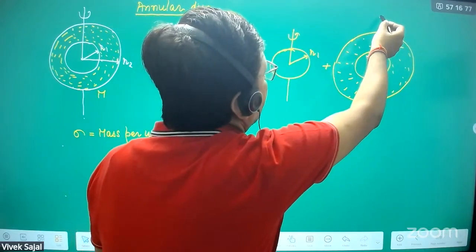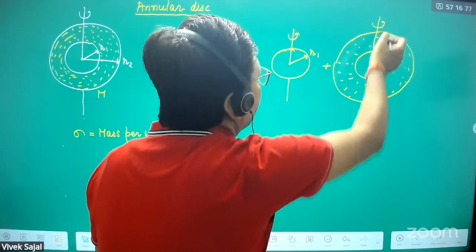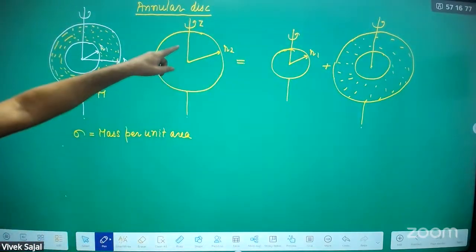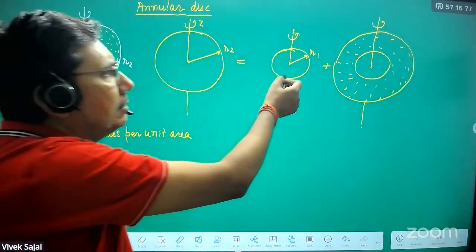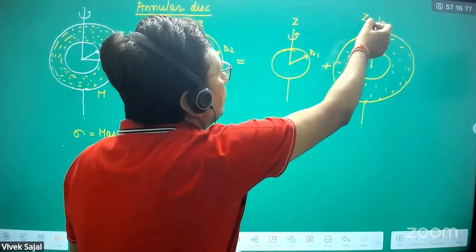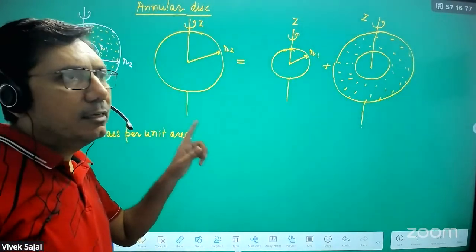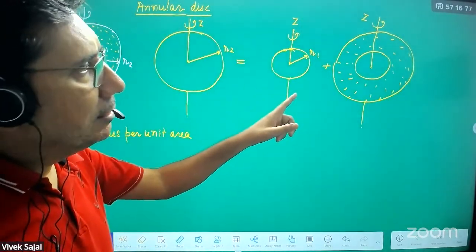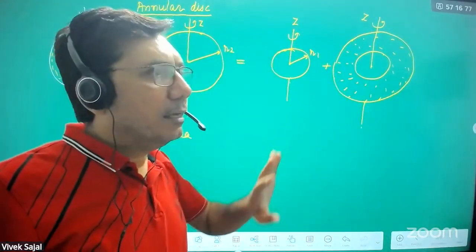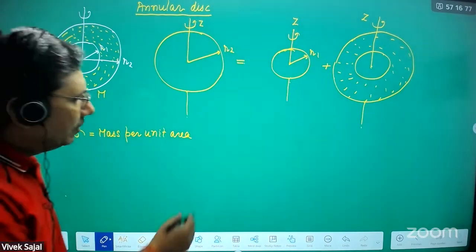This is the axis, same axis. And suppose all the three, this disk is rotating about z-axis, this smaller disk is rotating about z-axis, this is rotating about z-axis. All the three, what is necessary? That all the three, ठीक है ना, complete disk, one part and second part, they are all rotating about the same axis.